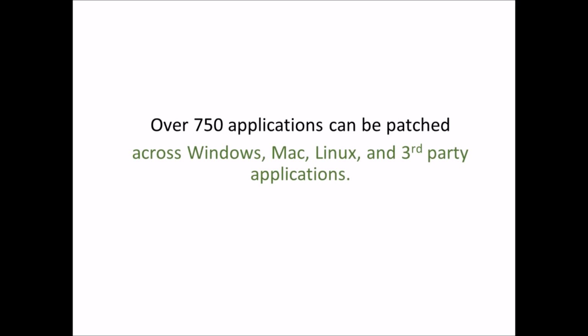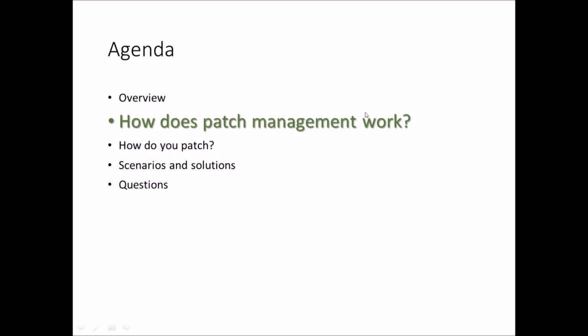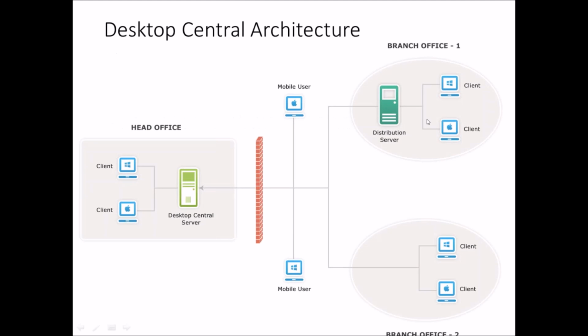It doesn't stop here. We would actually be adding more new third-party applications based on customer requests. Based on the feasibility, we would be adding it here in the product. Let's move on to the patch management, how it works.